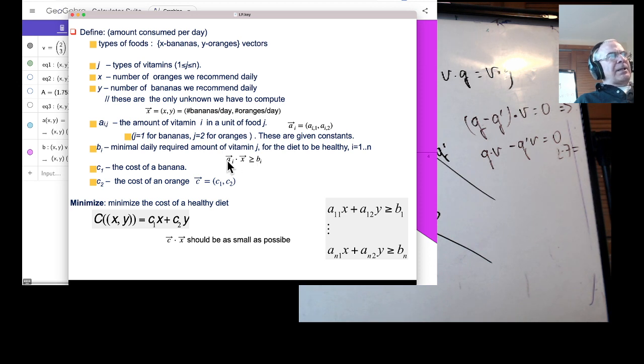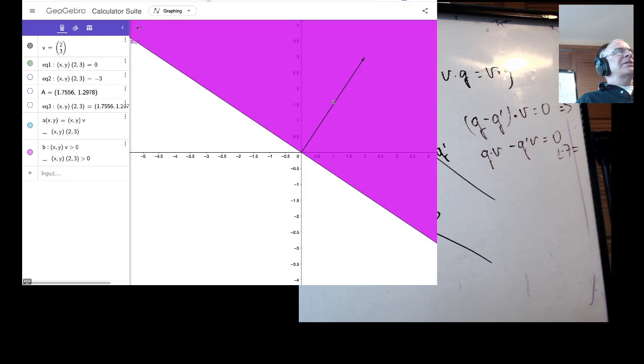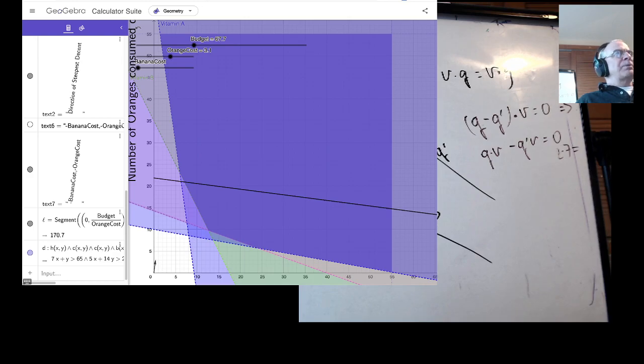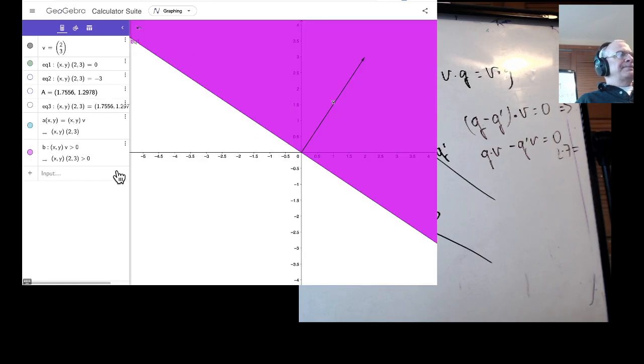So I need the food administration to tell me what the ai and the bi are, and I want to find a vector x that will satisfy this inequality. And as we've seen multiple times, this is a half plane. This was the half plane that we saw right here.